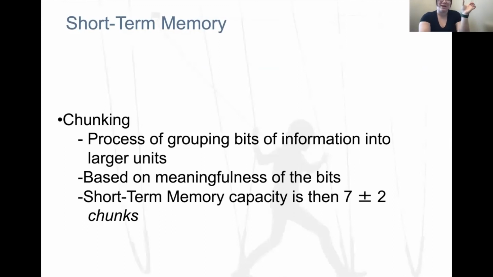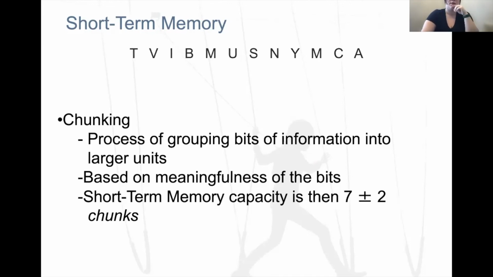If there's no meaning behind it, you're not chunking it with anything else, you might only remember that one 7-digit number. But if you were grouping, say, all of your family's phone numbers, you might be able to remember 7 plus or minus 2 individual people's phone numbers because you group them into your family's phone numbers, or you chunk them into your family's phone numbers. We're going to skip that bit.